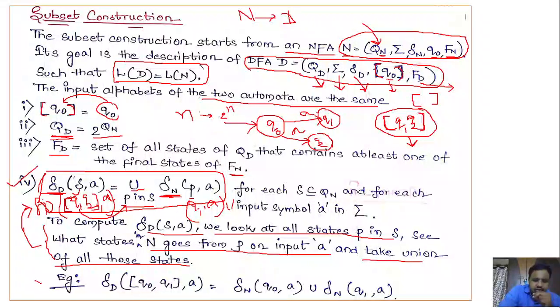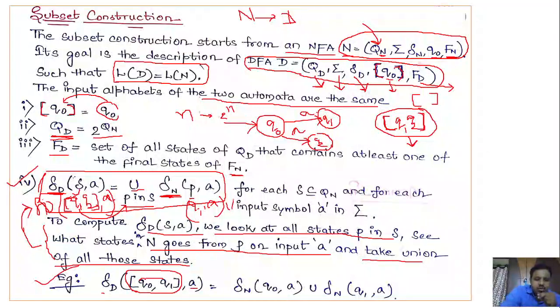So here you could see the example: delta D of Q0 Q1 comma A. We have written this Q0 Q1 in a square bracket, meaning we are referring to a state in the DFA, right? Another point is that these two are a single state, not individual states in the DFA. Q0, Q1 enclosed in square brackets is written as a single state, and A is the input symbol.